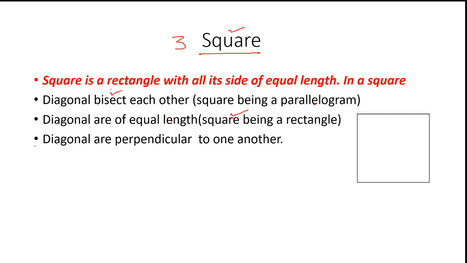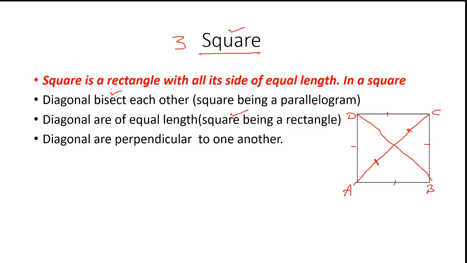Now we want to prove that diagonals are perpendicular to one another. We want to prove that the diagonals of a square are perpendicular to one another. This is a square ABCD, and AC and DB are the diagonals of the square. All these sides are equal in length, and diagonals bisect each other, since a square is a parallelogram.